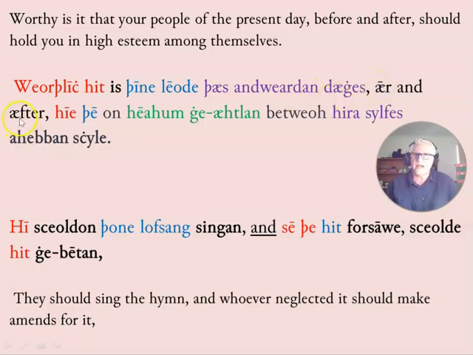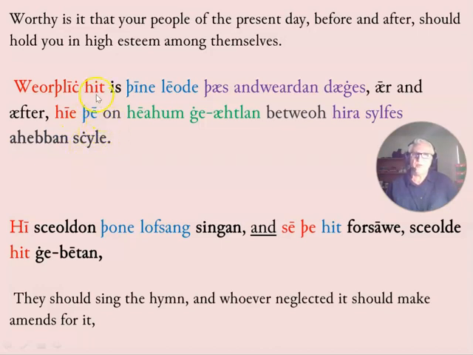Before, ar, and after, of course, after. They is the subject. Who, they, who, so high esteem among themselves, raise should, and shula here is in the subjunctive because it's not a statement of fact, it's an expression of a desire or wish.